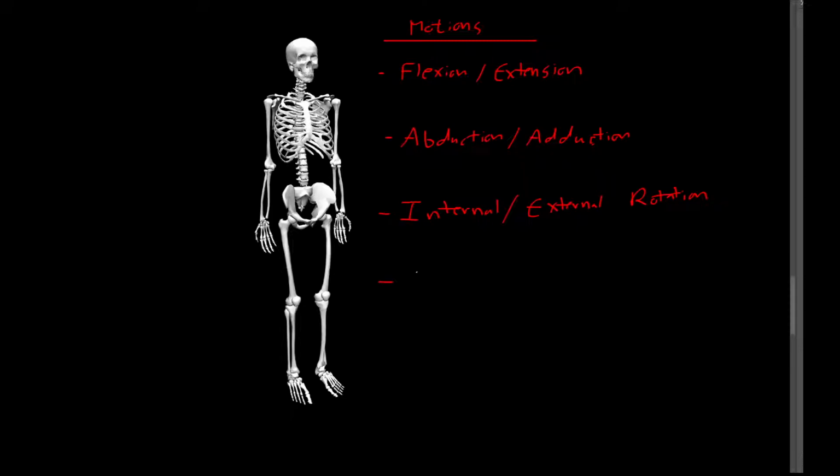I want to talk about pronation and supination. And then lastly, I want to go in detail on what happens at the wrist, because it's a little unusual because of the versatility of the wrist joint. But let's talk about the big ones first.